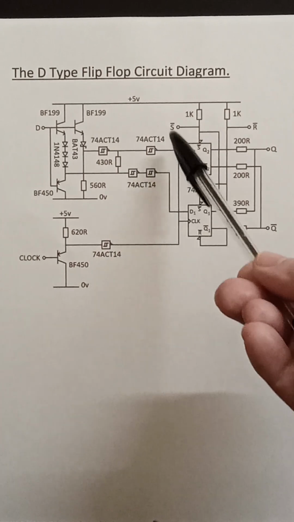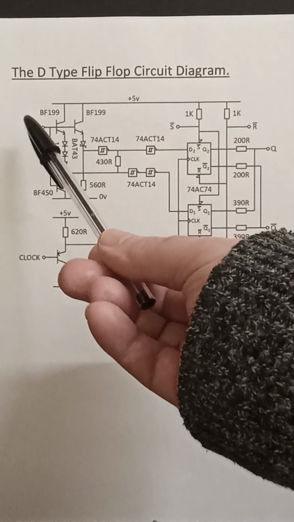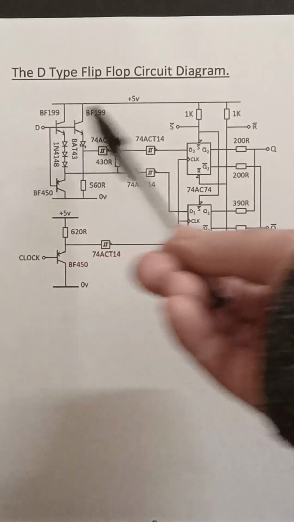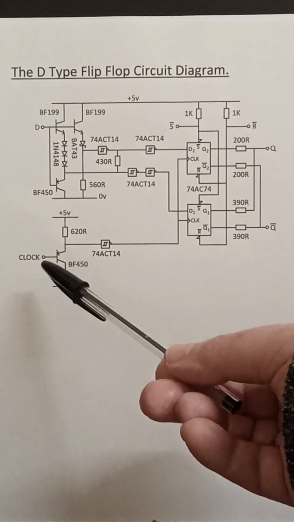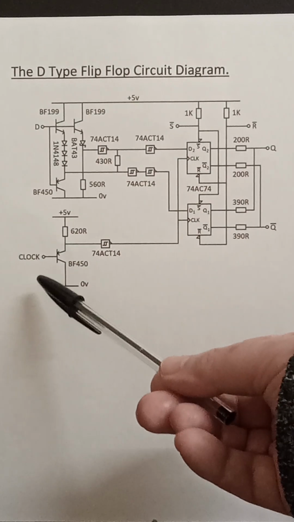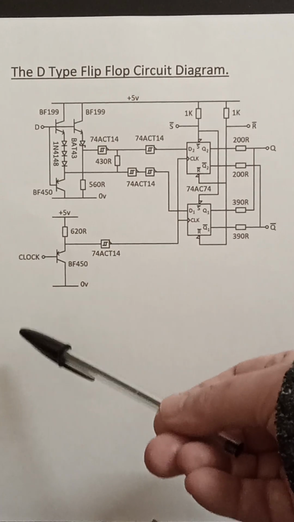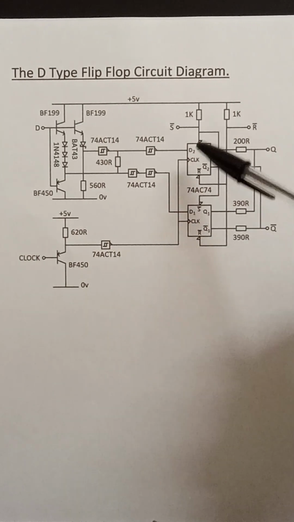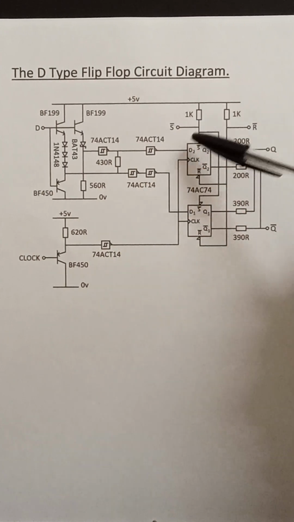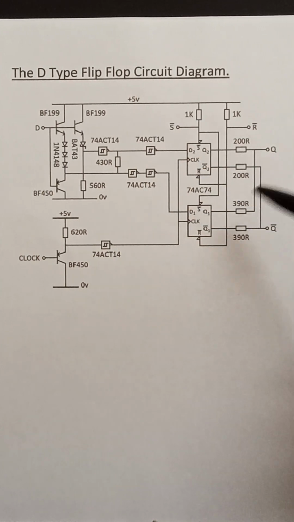So when you present a logic state to D, 0, 1, 2 or 3, it gets converted to binary. When you clock the flip-flop from a quaternary logic 1 to a quaternary logic 0, this clocks these positive edge D flip-flops and stores the value of whatever is at D2 and D1.